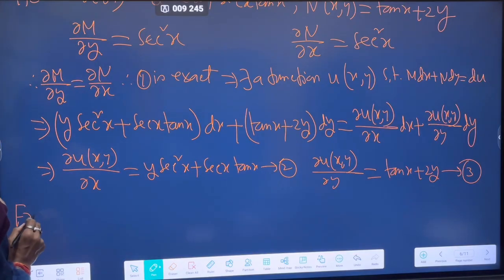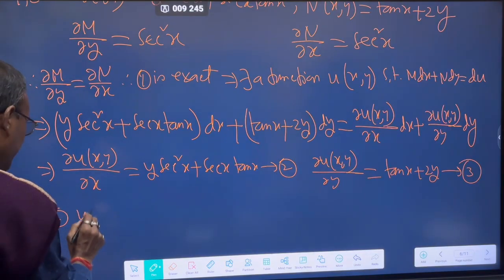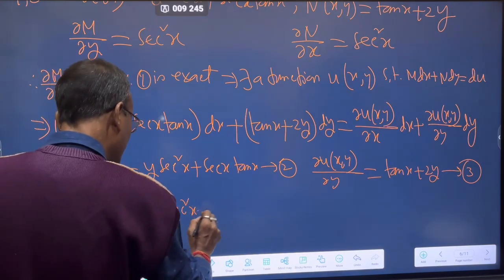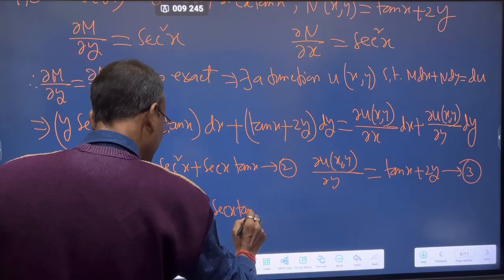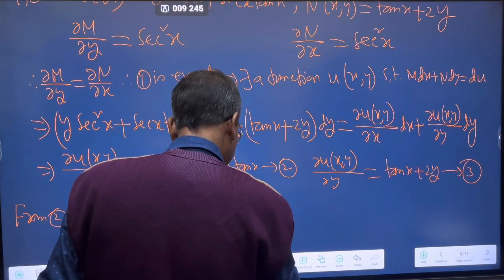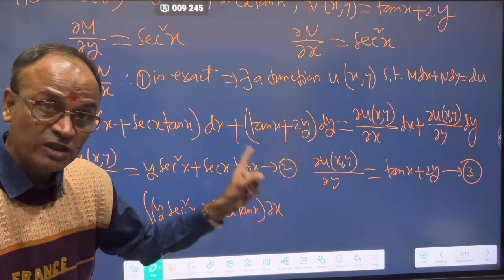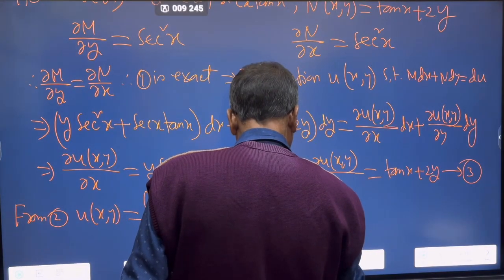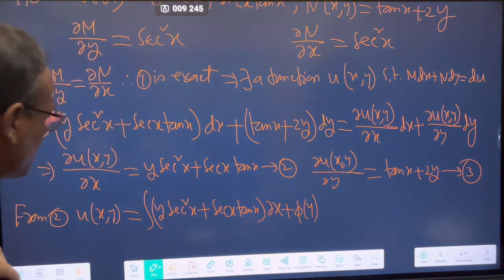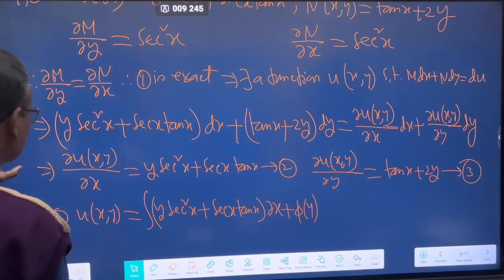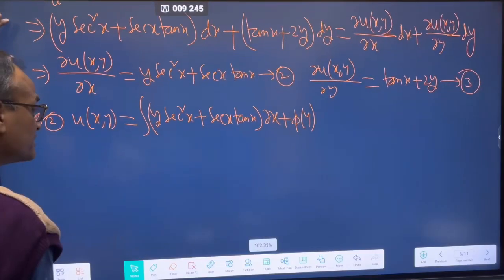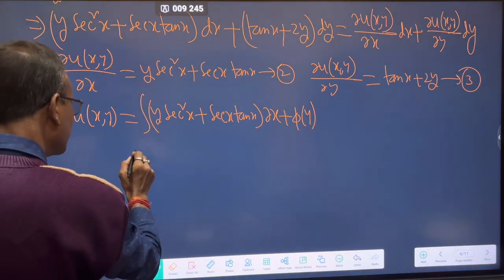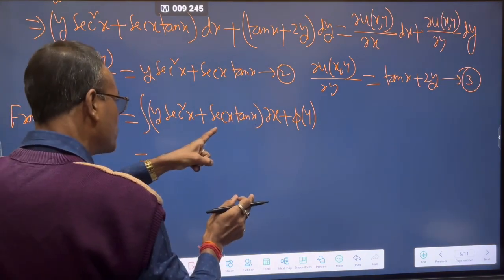From 2, u of x, y will be equal to the integral of y sec square x plus sec x tan x dx, which means we integrate with respect to x treating y as constant, plus phi of y.